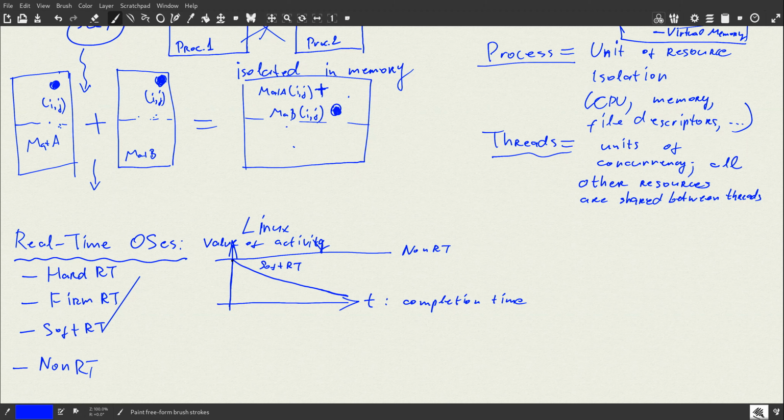Firm real time are those which not only have the value decreased, but the value decreases to 0 after some time. So there is a deadline, and if this deadline is not met, then the value of a firm real-time task is 0 anymore. It's like your firm real-time task is to submit a paper to a conference before the deadline.